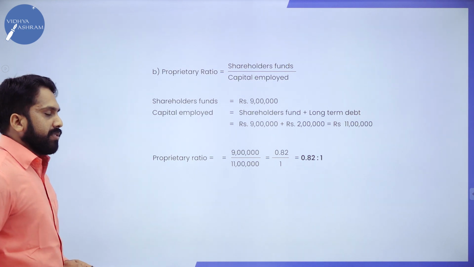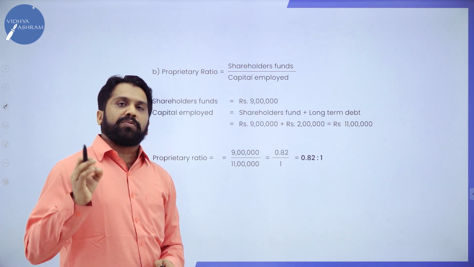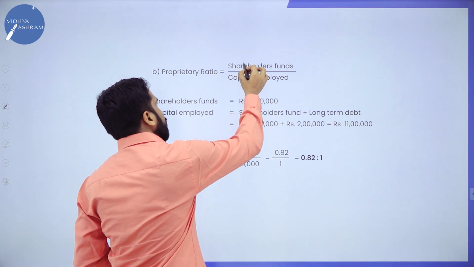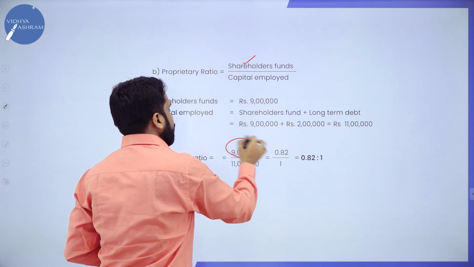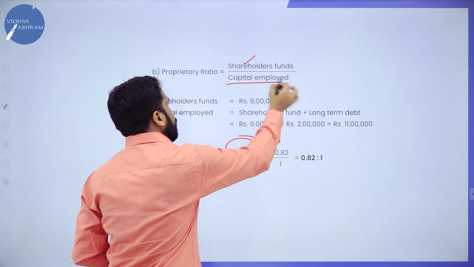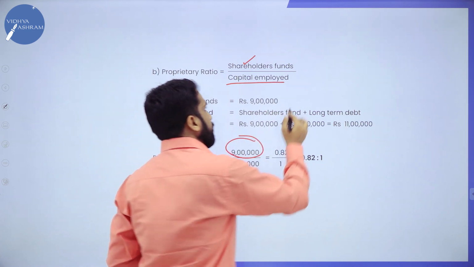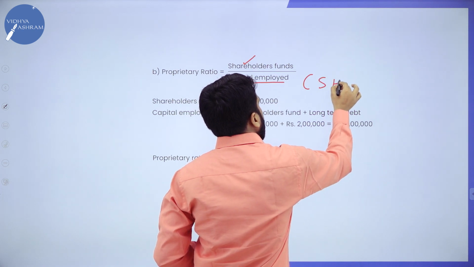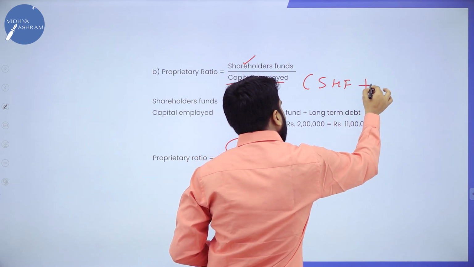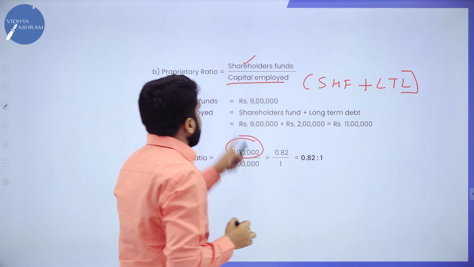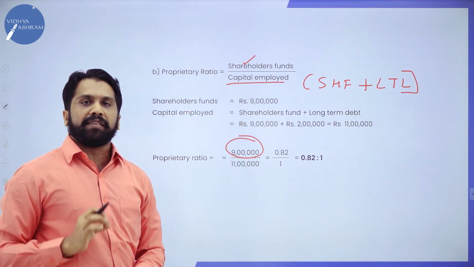Proprietary ratio. Proprietary ratio we already calculated. Now, what is the formula? Shareholders fund, it is 9 lakh, divided by capital employed. Remember, what is your capital employed? Always remember, shareholders fund plus long-term liability is called capital fund.